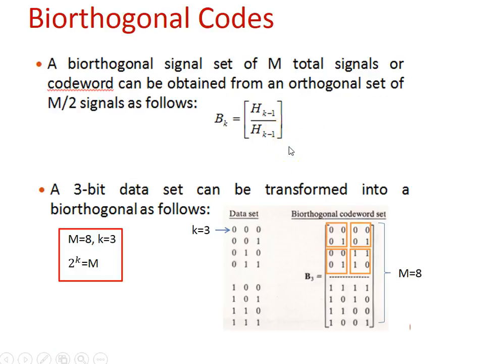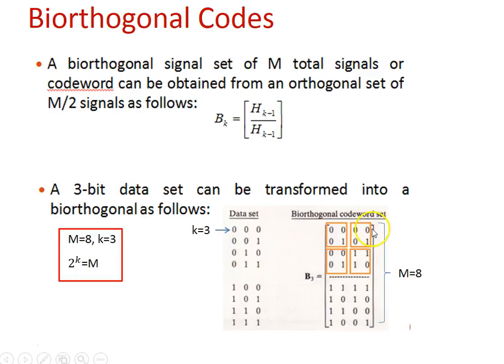For example, let's say our M is 8. In that case, we are considering encoding a 3-bit dataset, where the relationship of k and M is here. k is the number of bits, M is the number of total signals or all the code words. In this example, we can use the concept of orthogonal codes to produce half of M, or in this example, 4 signals.